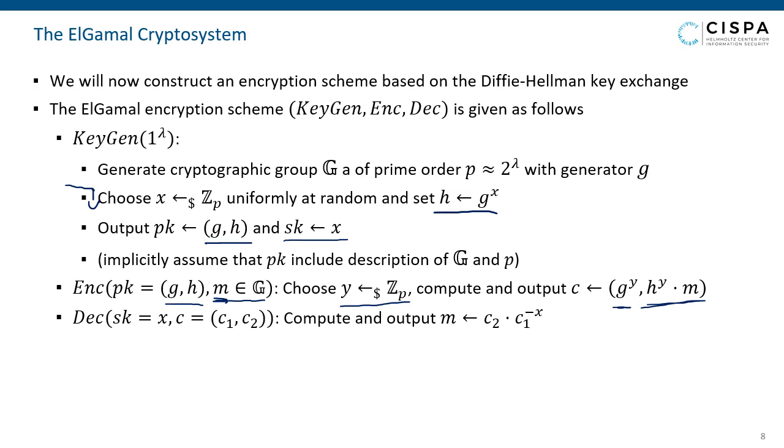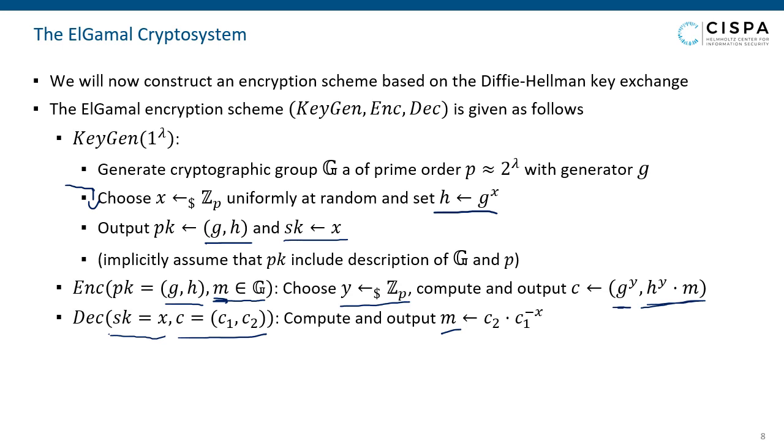Decryption takes as input the secret key SK and a ciphertext (c1, c2), and it computes and outputs a message m as c2 times c1 to the minus x.